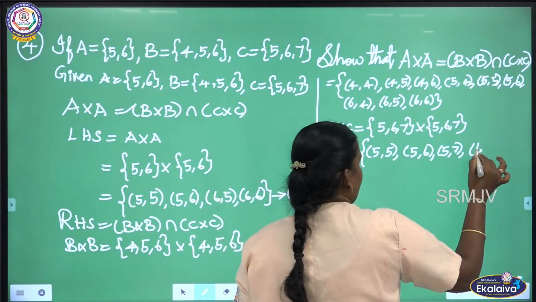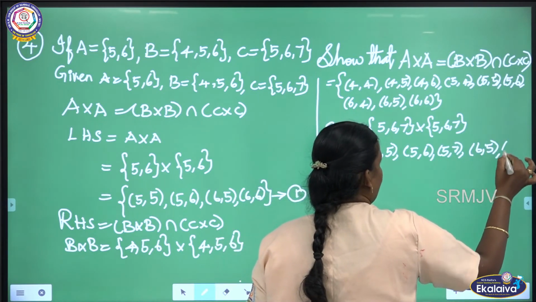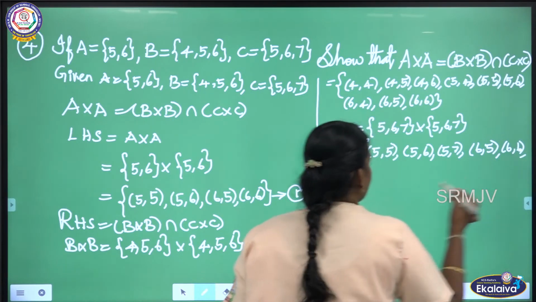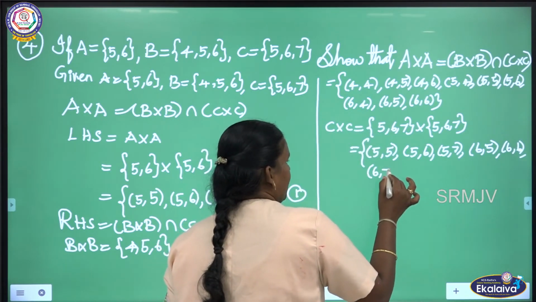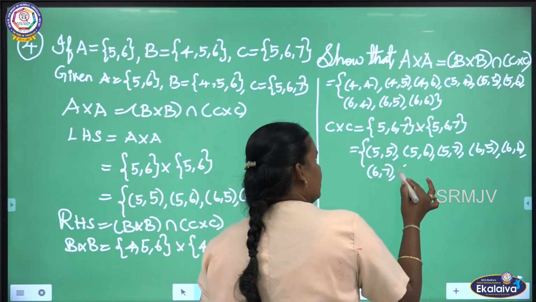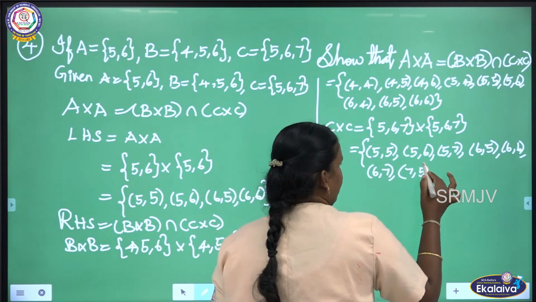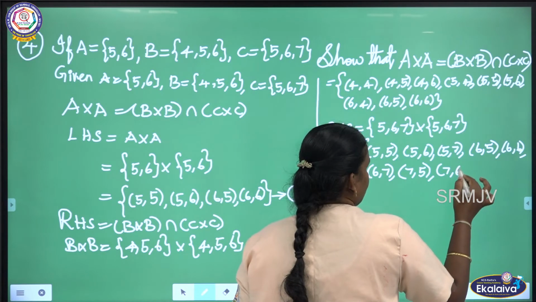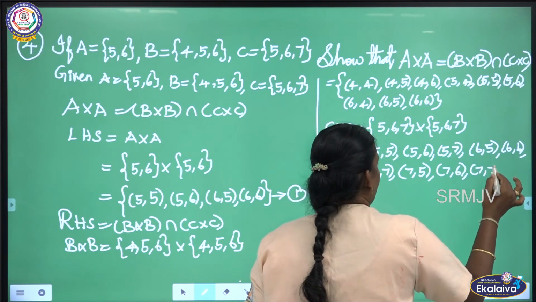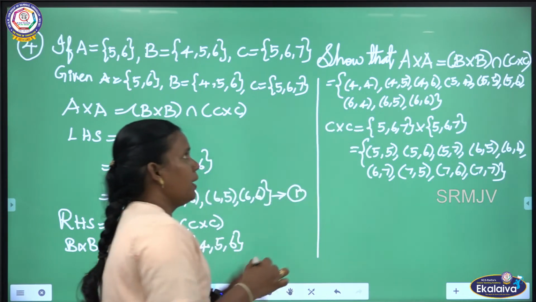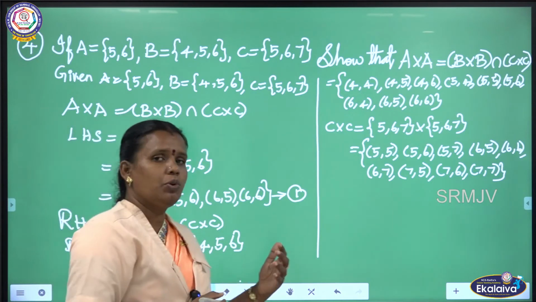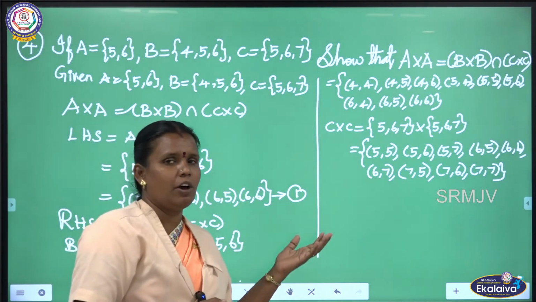Then with the second element 6, 5, 6, 6, 6, 7. Then with the third element 7, 5, 7, 6, 7, 7. After writing B cross B and C cross C, we need to finish our RHS part.